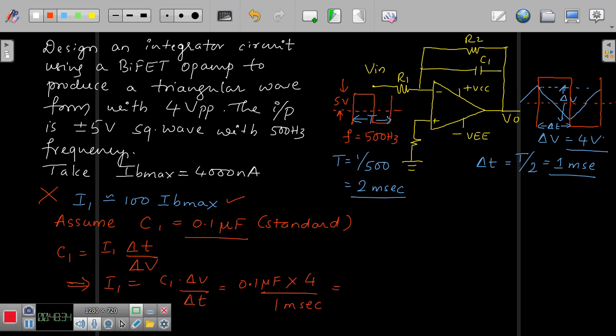Can you tell me what is the value of I1 I am going to get here? 400 microamperes. Please check whether your I1 is 400 microampere.